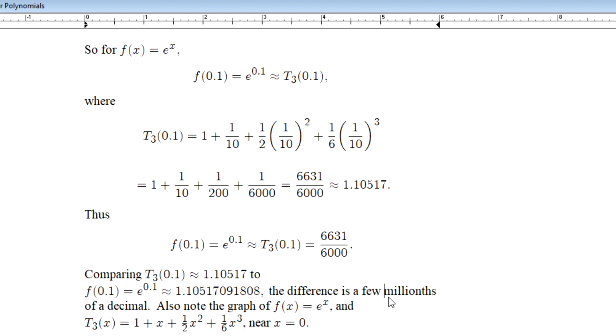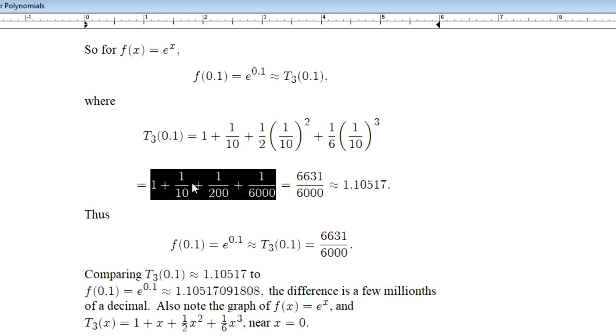Right? I think millions is the fairer way of saying that. All right? So we get a rather accurate approximation of e to the 0.1 value, and we were very likely to be able to do it with just some paper and pencil methods, right? And or a little mental math, right?